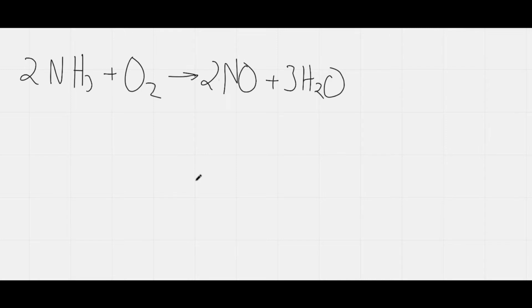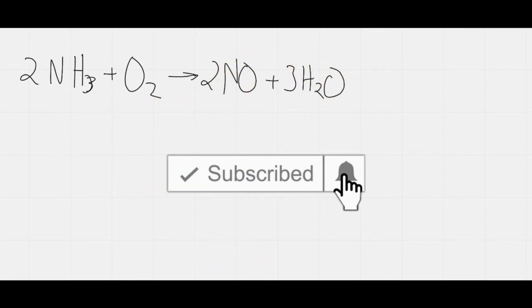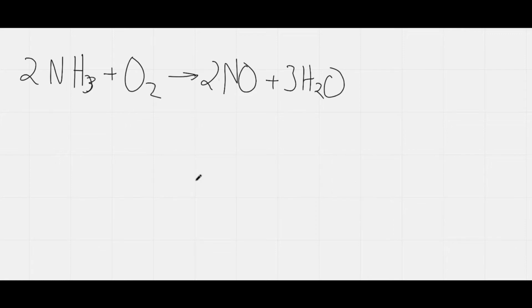All right, so we have 2 NH3 plus O2 gives me 2 NO and 3 water, right? So we know that we have right now 2 nitrogens on this side, 2 nitrogens over here, 6 hydrogens here, 6 hydrogens here.